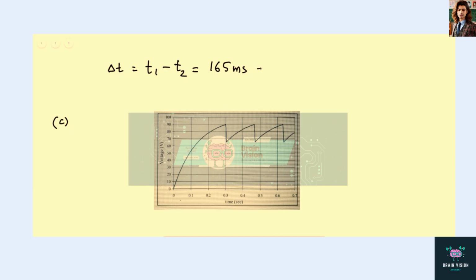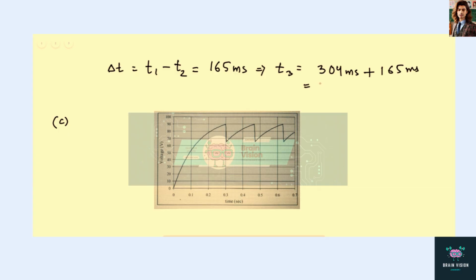This means that del T is the change in time, and then the recharging time, and therefore T3 will be 304 milliseconds plus this del T, 165 milliseconds.